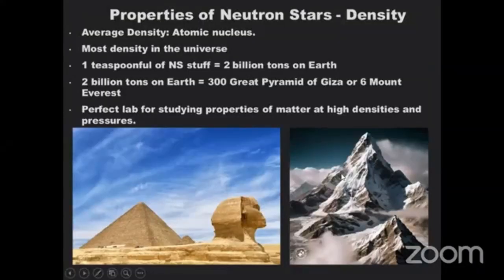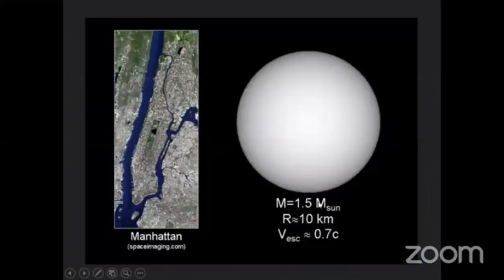So talking about density, a neutron star has almost the same mass as the sun, but all of this mass is compressed to a small size of about a radius of 10 kilometers or a diameter of 20 kilometers.